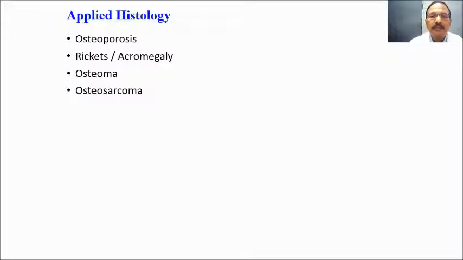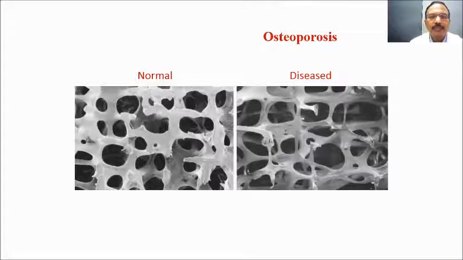Coming to the clinical part of the bone tissue, there are a lot of problems associated with bone histology. One is osteoporosis, another is rickets or osteomalacia. Osteoporosis is a result of abnormal bone resorption.